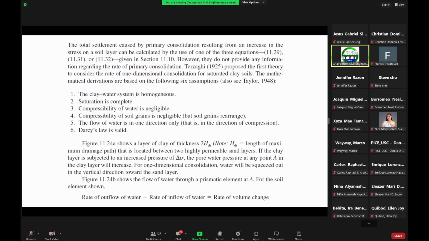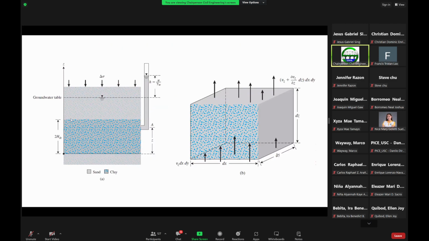So this figure here shows a layer of clay of thickness 2 HDR, wherein HDR is now considered the length of maximum drainage path that is located between two highly permeable sandy layers. So this is now your clay layer, with a height of 2 HDR, for example.